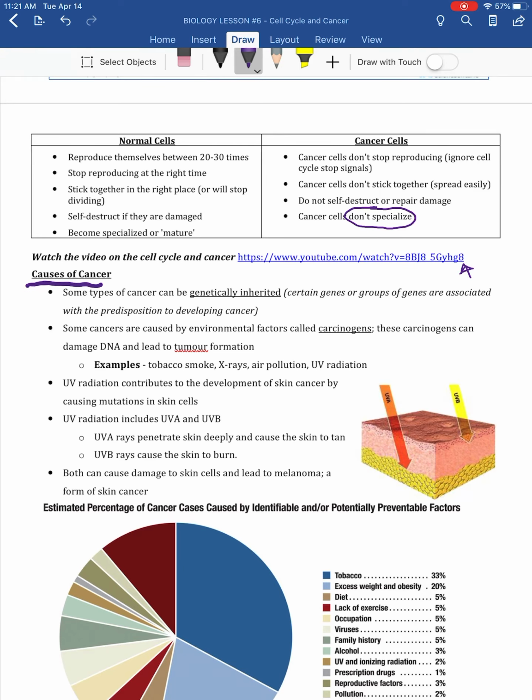Now, causes of cancer. Sometimes it's your genetic history. You can inherit a gene through mom or dad, and those genes make proteins that may cause cancers. So that's why in some cases people do a genetic test to see if they've got a predisposition for a certain type of cancer.